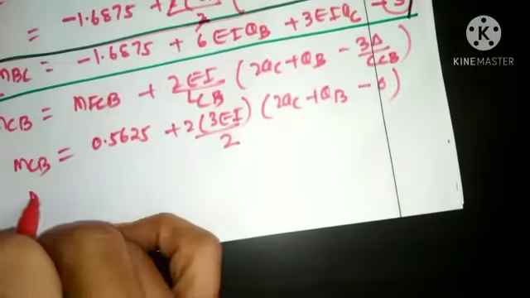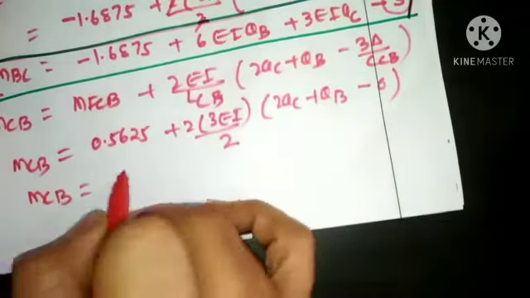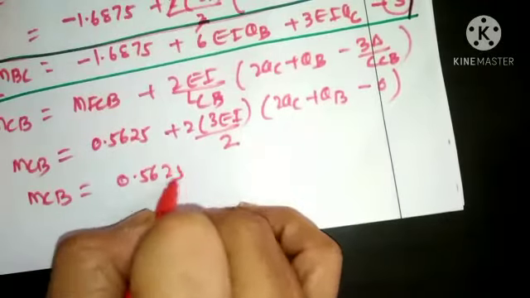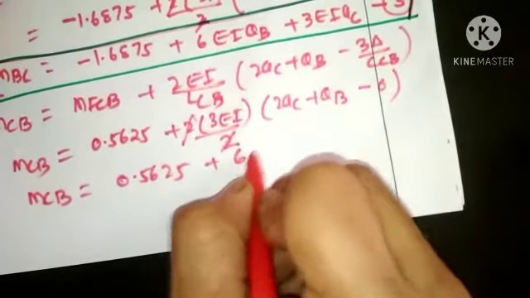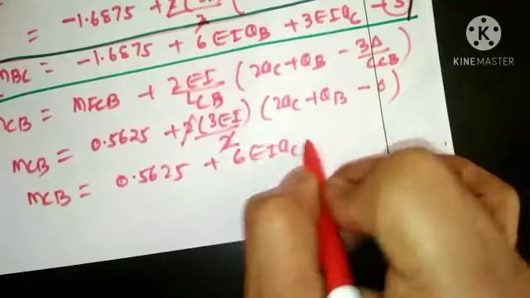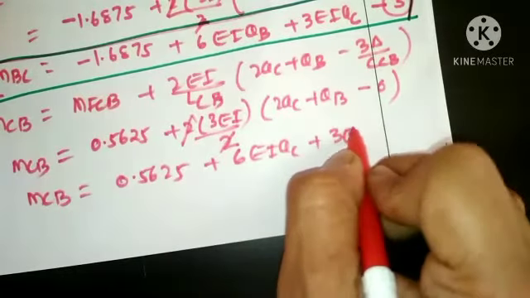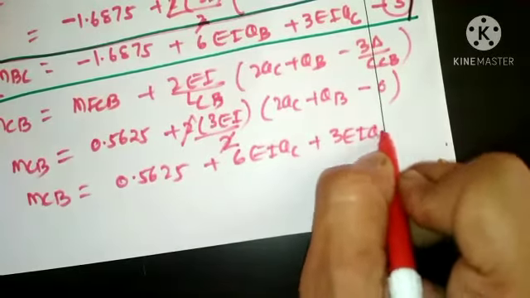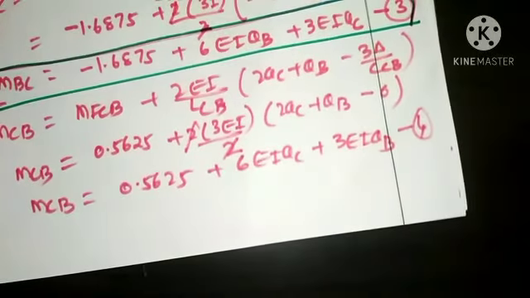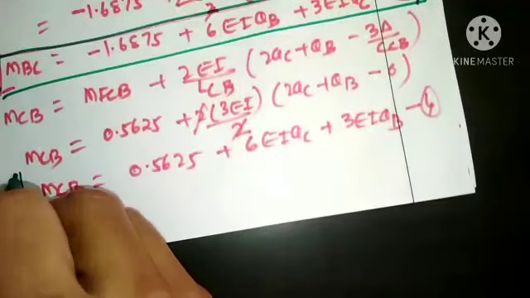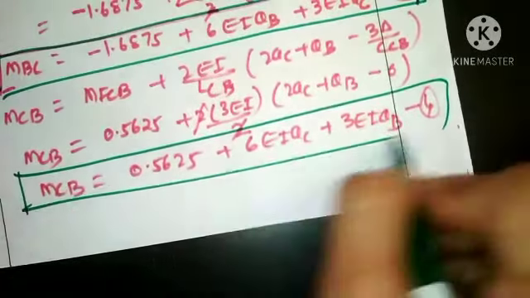Reorganizing and reframing this equation, MCB will be 0.5625, keep it as it is, 2 gets cancelled. So this will be 6EI theta c plus 3EI theta b, equation number 4. So put it in the bracket. This is equation number 4 that will be required for further cases.